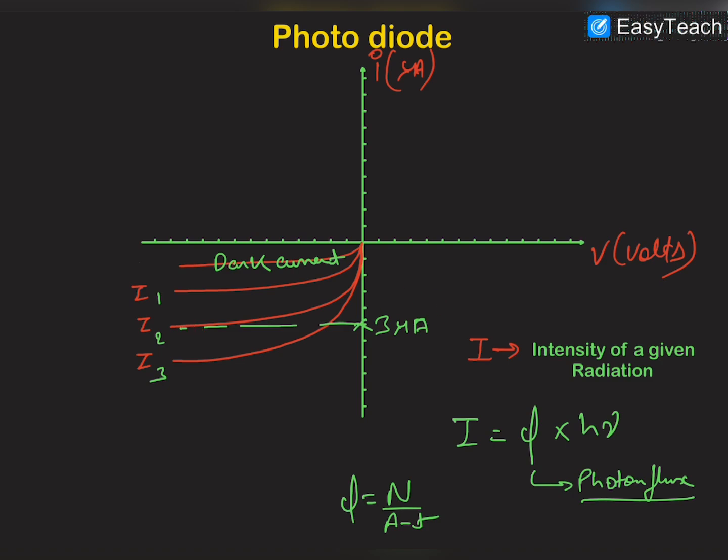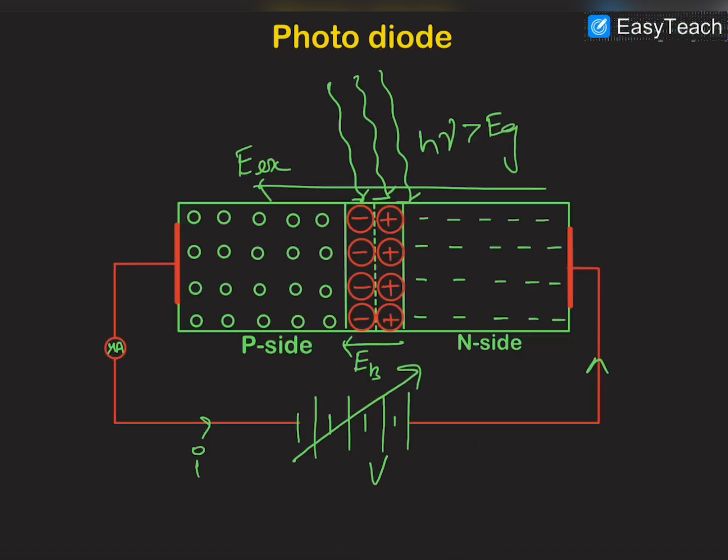So when we increase the intensity of light to this level I2, the circuit will trigger, and below this intensity the circuit will not trigger. So this photodiode can trigger the circuit by increasing the intensity of light falling on the diode.